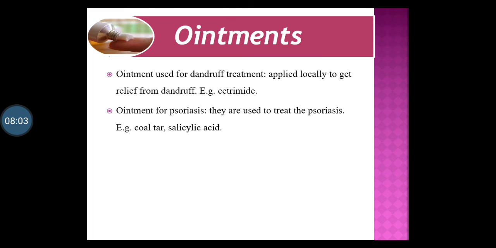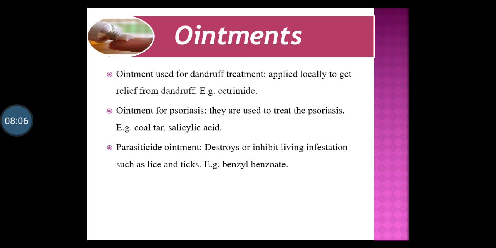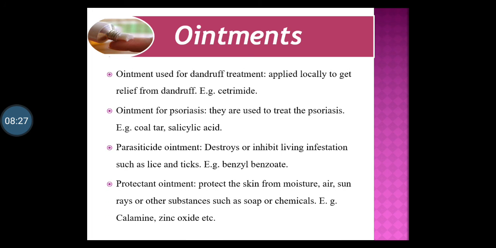Then parasiticide ointment. They destroy or inhibit living infestation such as lice and ticks, means which inhibit the parasites on the skin. Drugs commonly used are benzyl benzoate, gamma benzene hexachloride, sulfur, etc. Then last is protectant ointment.